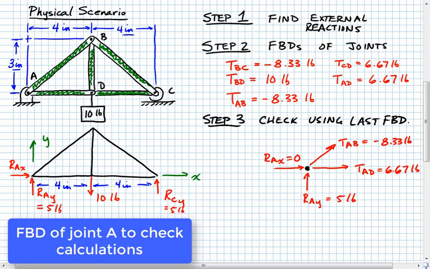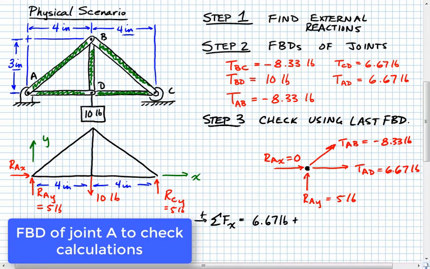All right. So here, now that we've got that, we can do a sum of forces just like we do on everything else. We'll just start in the x direction first, and when we do that, we'll find here that we have TAD, which was 6.67 pounds, acting to the right.